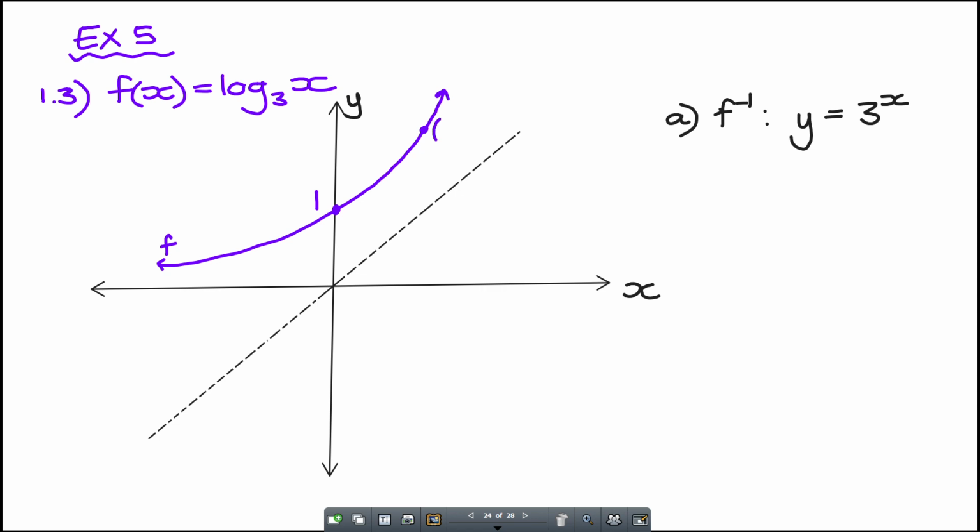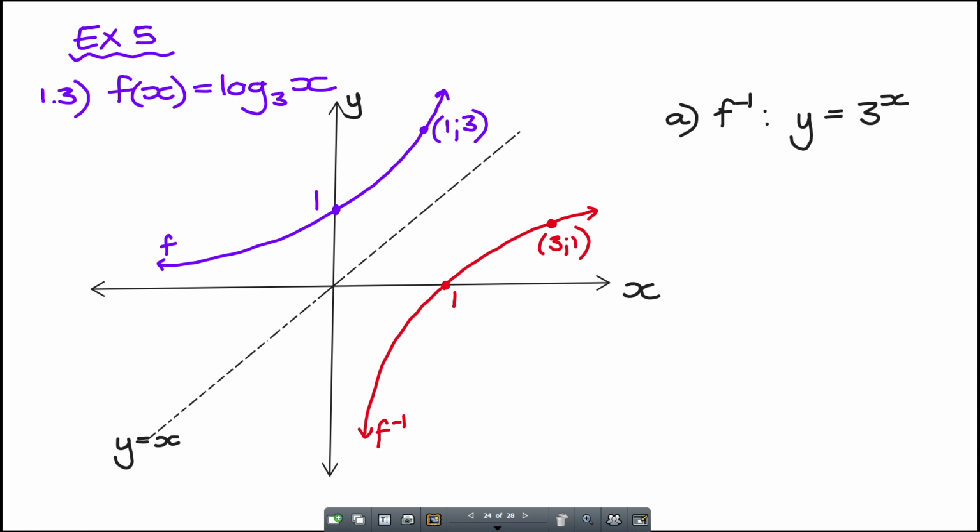En as x 1 is y 3. Goed, dan moet ek die inverse gaan teken. Inverse of that would look like that. So now it's not going to cut at y is 1, but at x is 1. En hier was het x is 1, y is 3. We switch it around, so x is 3 and y is 1.